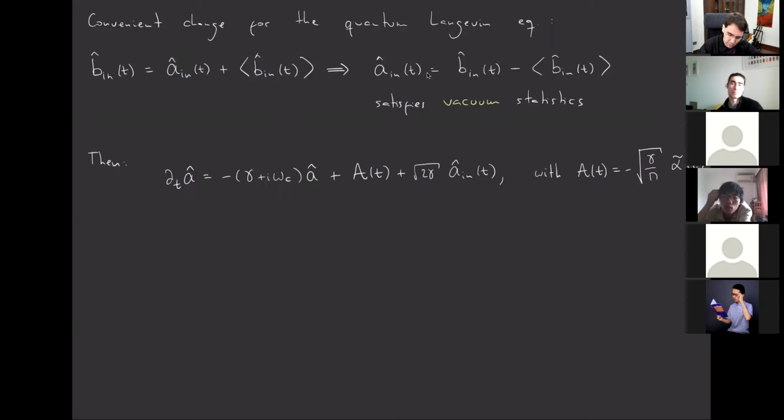Okay? So this is very interesting because you see that at the end of the day, in the equation, injecting a laser from outside the cavity is equivalent to some kind of classical forcing. Okay, so we are forcing the cavity mode inside, but with a classical field, with a number, with a function.